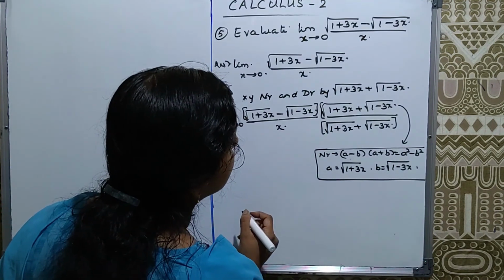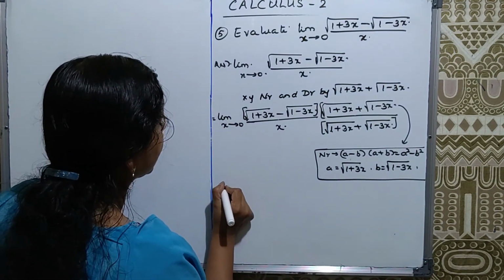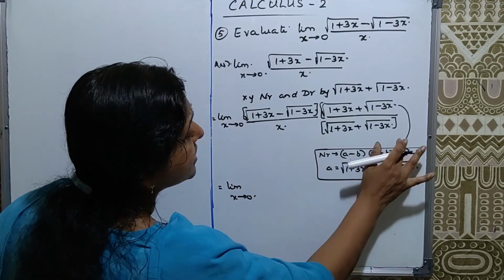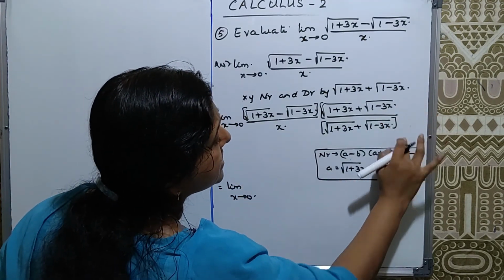Now we'll get the answer. Limit x tends to 0. I just showed that we can apply the identity in this one.